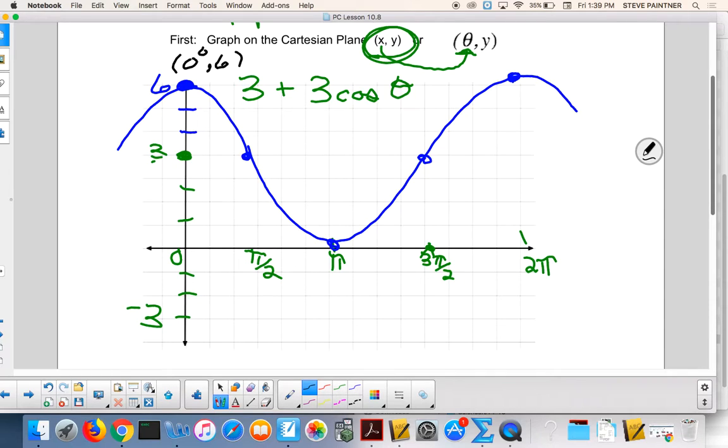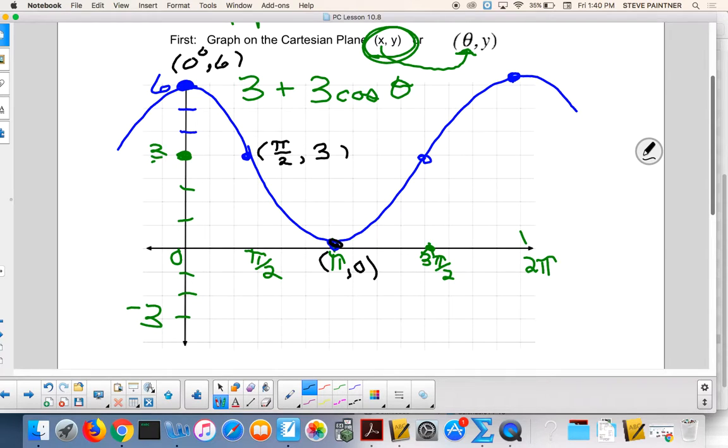What's this one? Pi over 2, then what? Up 3. What's this one? Pi, up 0.